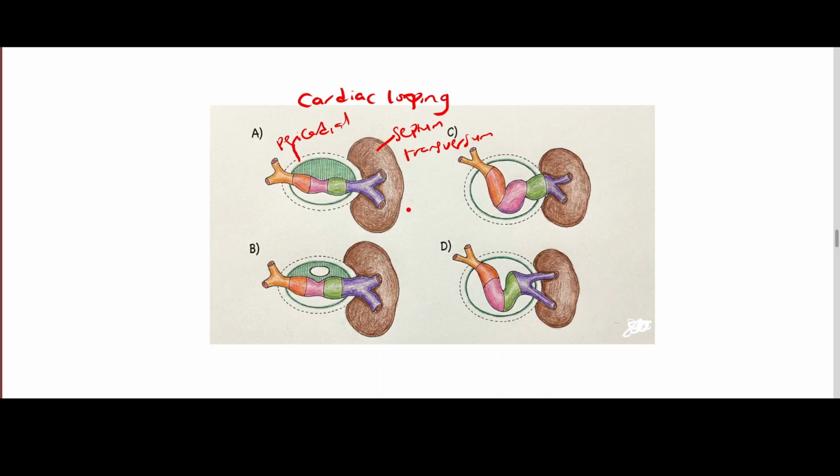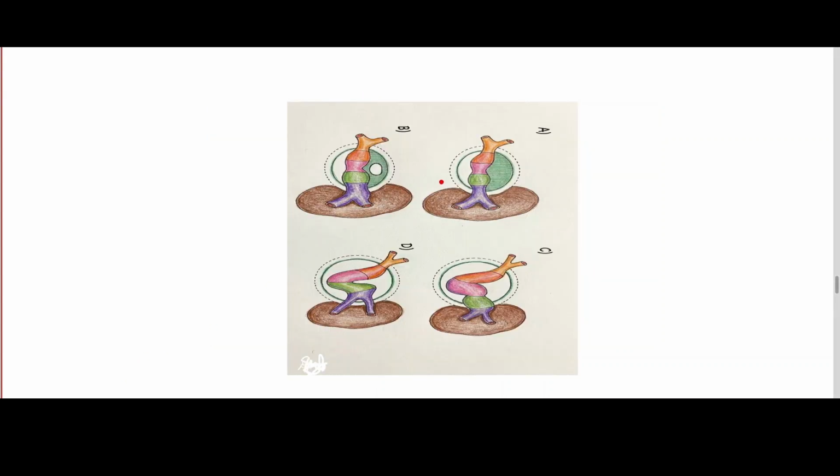All right, so this picture shows the heart tube in a horizontal position. So let's see a vertical position of this picture to understand what's going on. The heart tube has to bend in order to fit into the pericardial cavity.